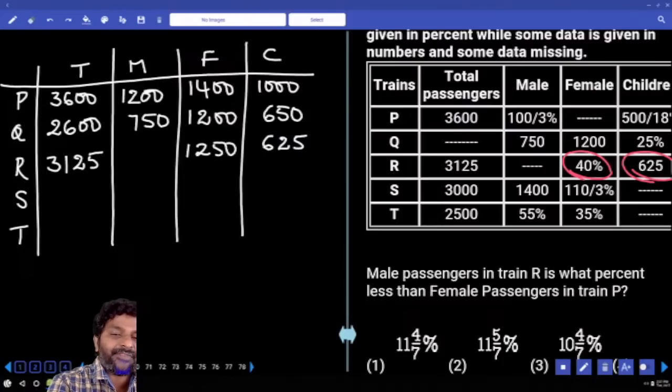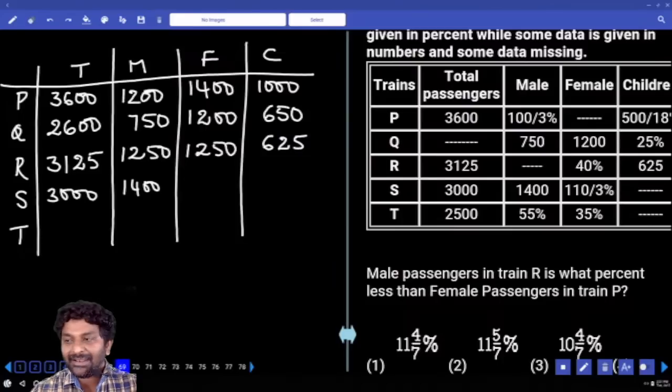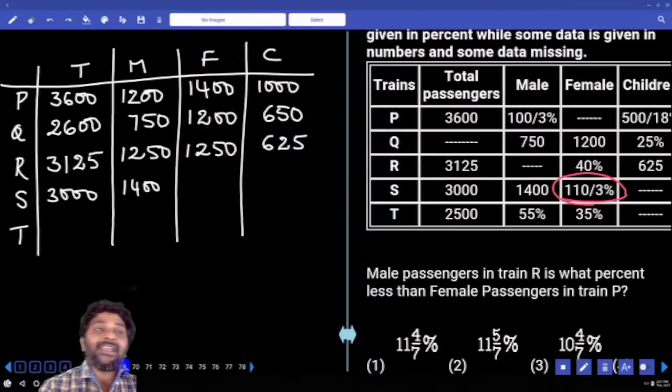If 1250 female are there, 1250 male are there. Again, no new calculation needed, right? In 2 years total, 3000 male are, female are 110 by 3, avunaa? Forget about denominator, 110%.